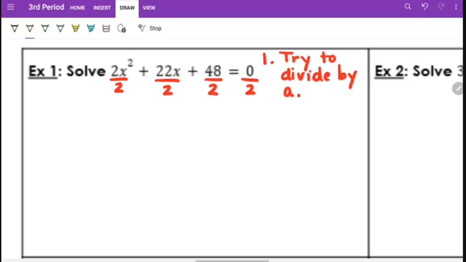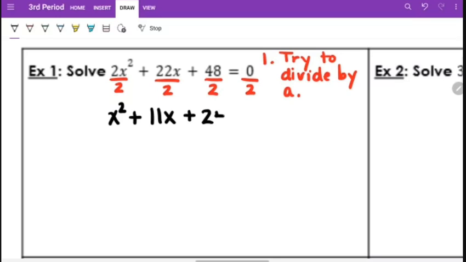If I divide 2x squared by 2, I just get 1x squared because the 2's simplify. 2 divided by 2 is 1. So we end up with 1x squared. If I divide 22x by 2, I end up with 11x. That simplifies as well. And if I divide 48 by 2, I get 24.